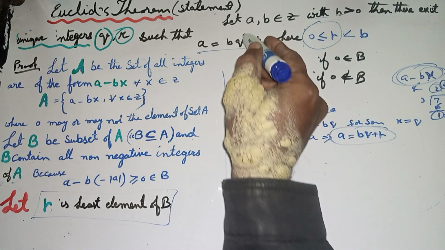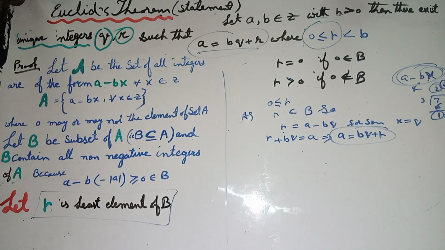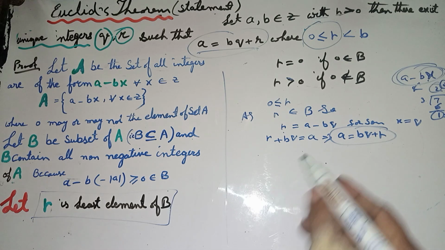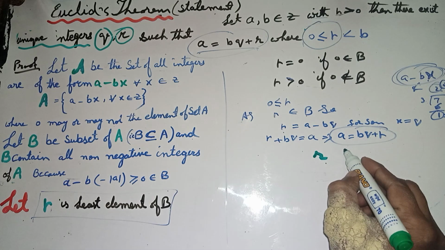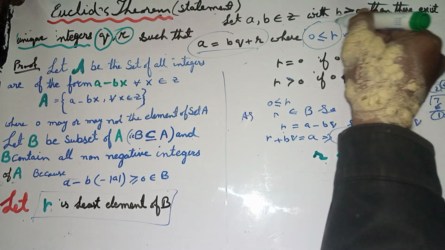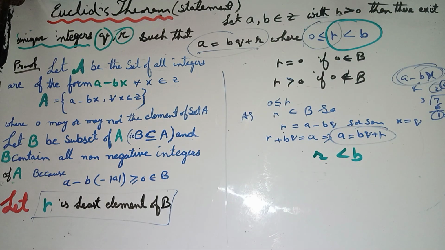This portion is proved, but next, the important thing: we have to prove that r is less than b.